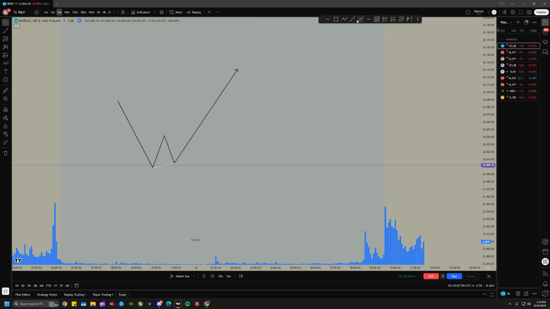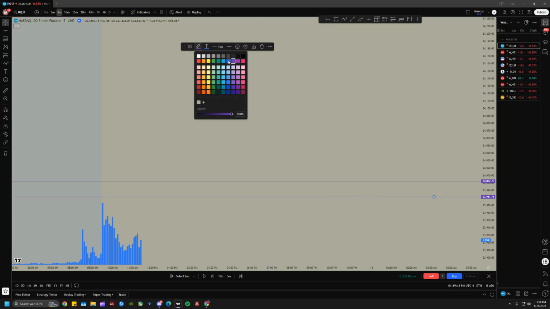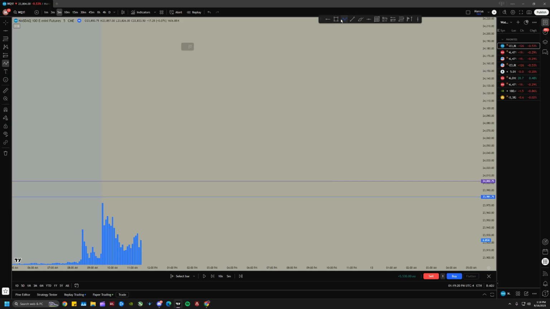Let's say there was a kill zone sweep. This is what I want to see. Do this as fast as possible. So let's say this is like Asia lows. Price sweeps this Asia low.